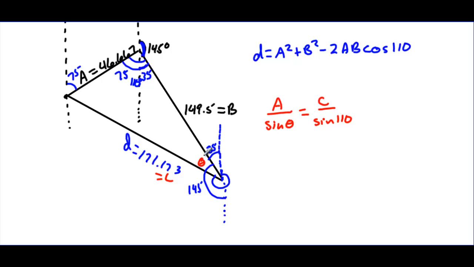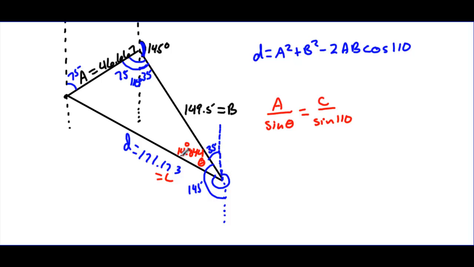And I can find out what angle this is in the triangle. So we have sine of 110 times A divided by C, and then the inverse sine of that answer, which, so theta is 14.844 degrees.